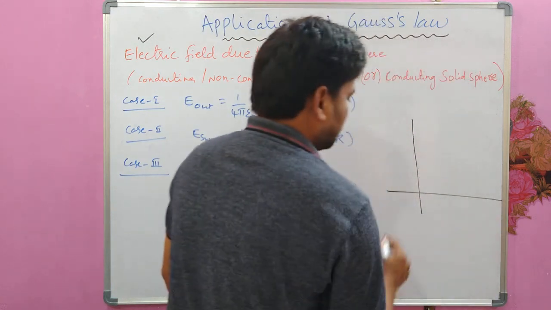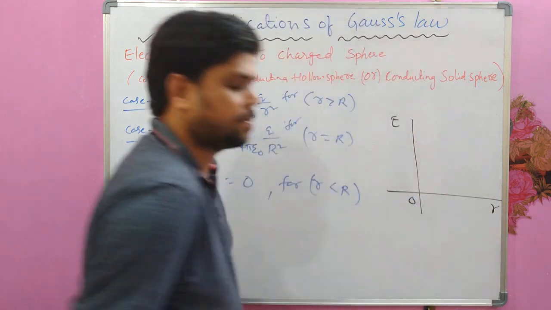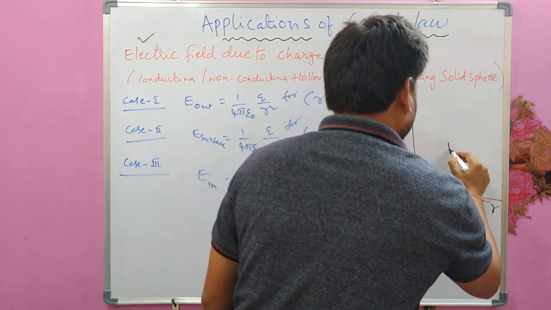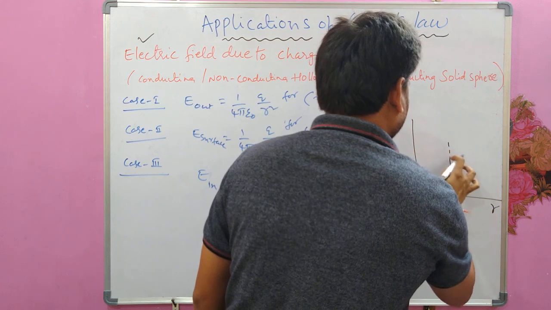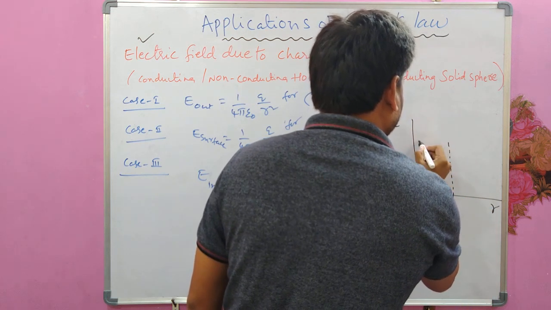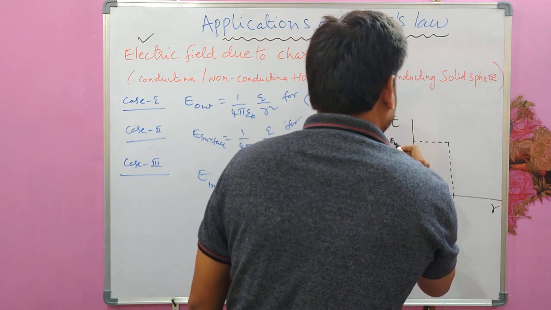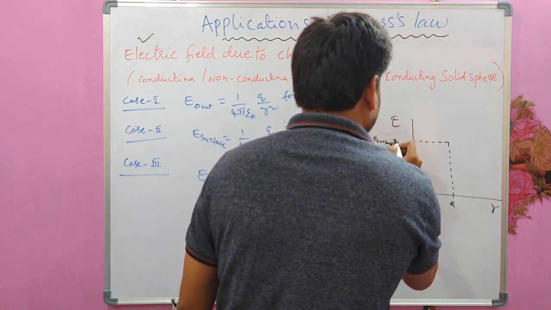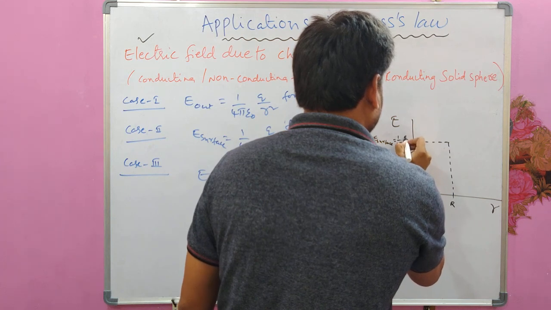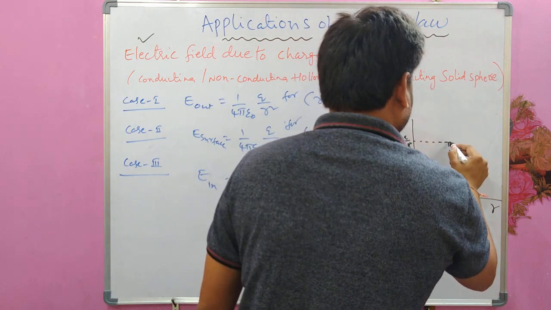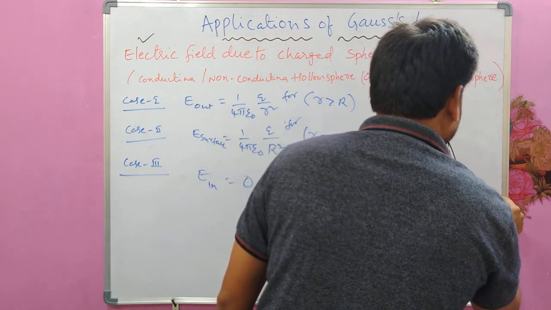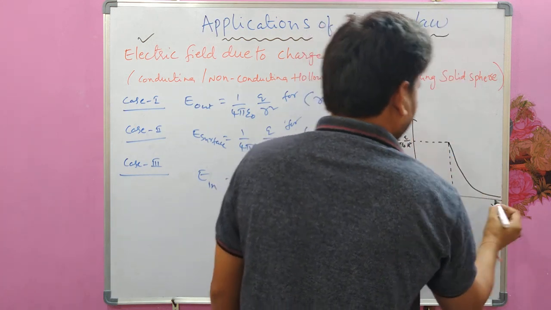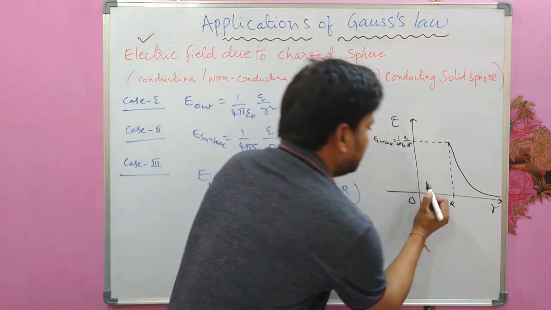If you take this as origin, and this is E and this is r, and if this is r equal to R, and here we get E surface, we can see this. E inside is 0.